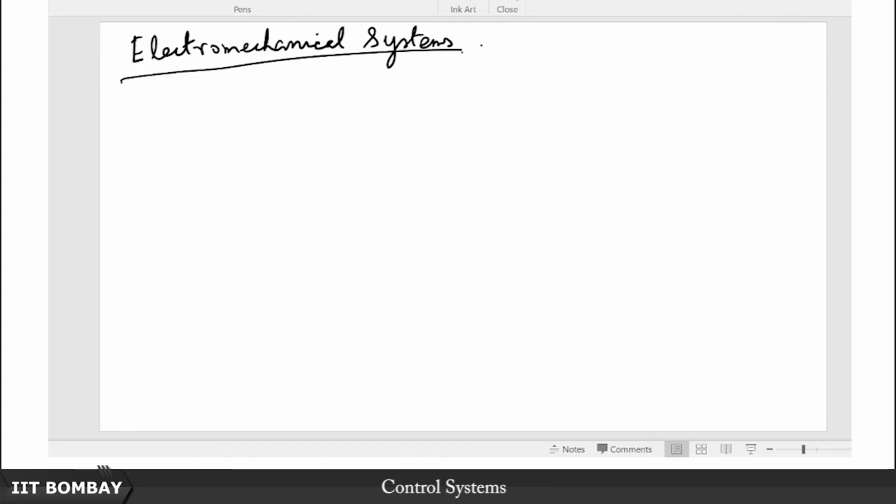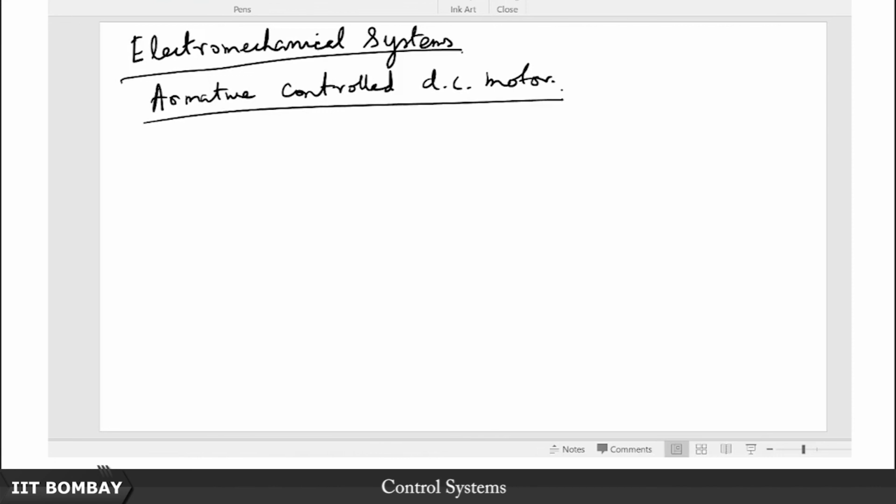Okay. So we will see how this modeling of this DC motor is an armature controlled DC motor. So what we are essentially going to look at now is armature controlled DC motor, right. What we are going to look at under the guise of an armature controlled DC motor is a combination of different types of systems.